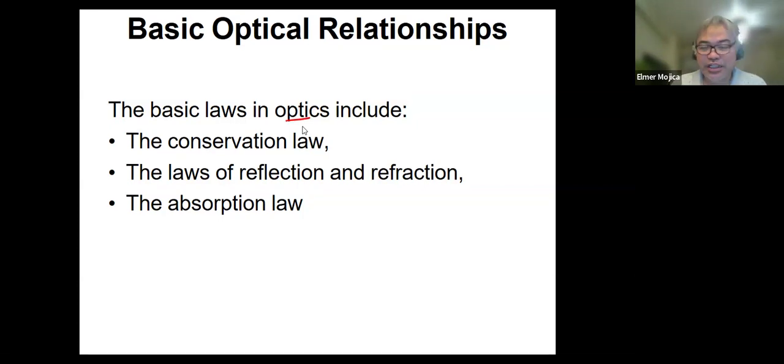So we begin with the discussion of the conservation law, the laws of reflection and refraction, which we have discussed already before, and the law of absorption. And then we're going to look at the phenomena of interference and diffraction. Then we go again into polarization and its application in instrumentation.